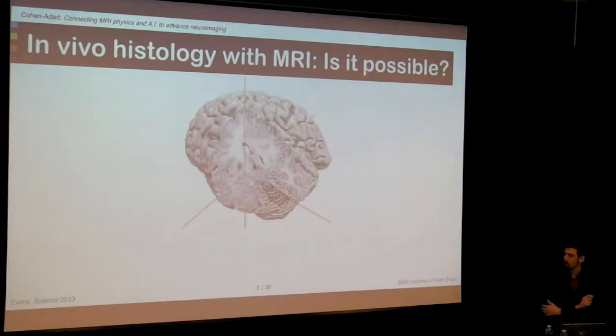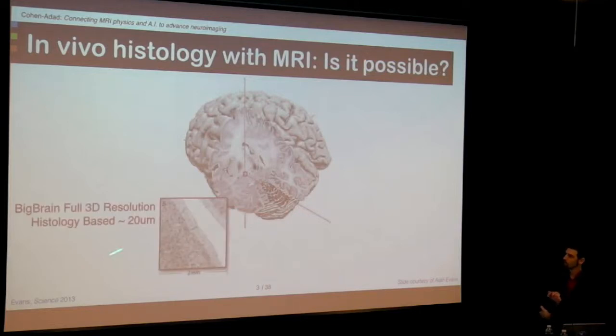Now we hear a lot about microstructure or in vivo histology with MRI. In very high resolution, we see that there are some neurons, there are some axons that connect the neurons together. And ideally, what we would like to do with MRI is to be able to interrogate, to get some quantitative measures of, for example, axon density or neuron density, because in some disease, we know that they tend to degenerate.